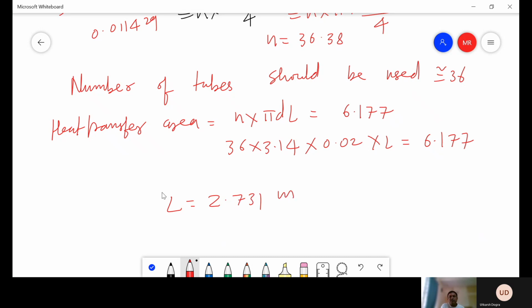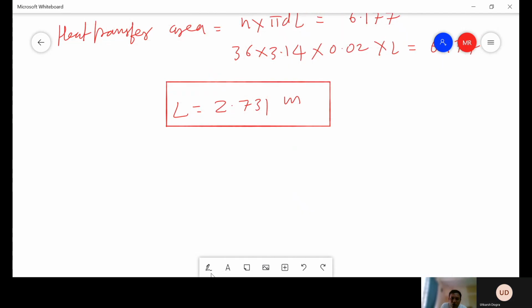So what information does this give me? It basically tells me that if I use a single pass heat exchanger, then my length will be 2.731, but the maximum length available for me is just 2 meter, isn't it? That is what is given in the problem. So what I can do now is go back to my assumption and use multiple passes on the tube side so that my heat exchanger becomes compact, isn't it?